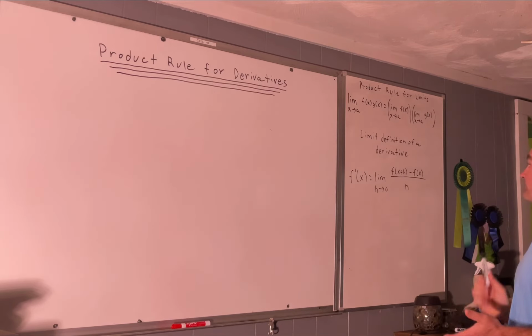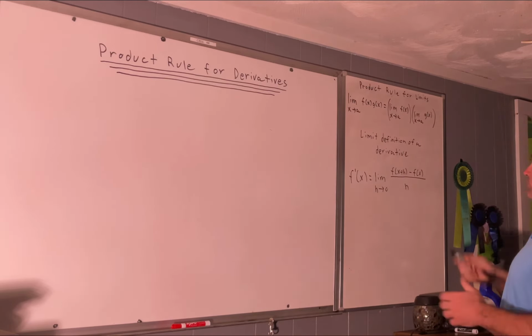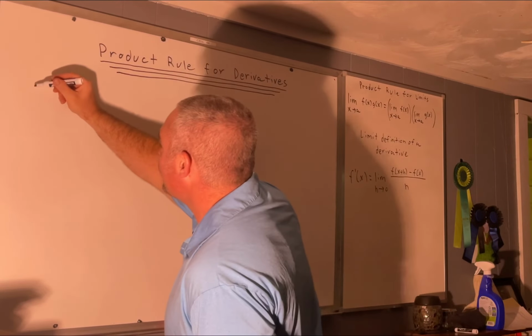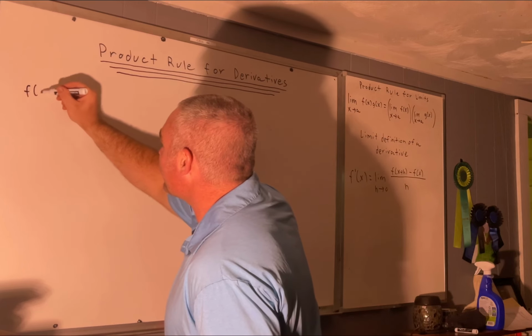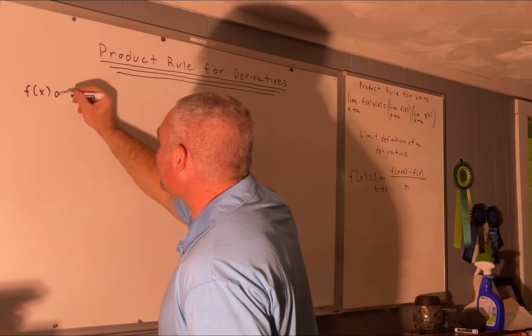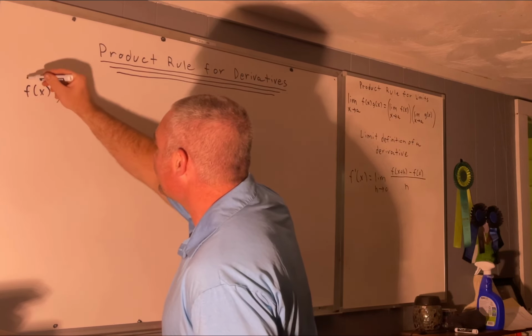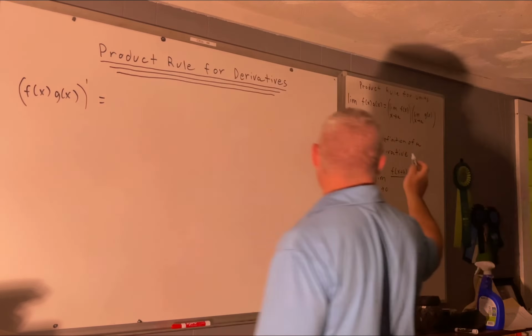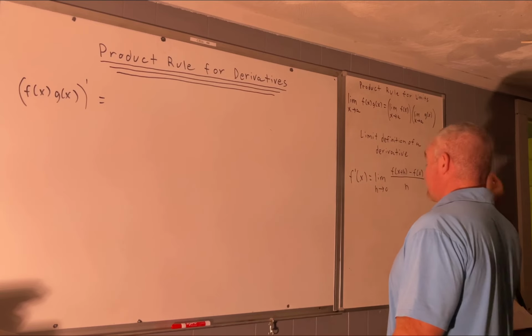Okay, so to show this, what we need to do is we're literally going to plug in f of x times g of x into our limit definition of a derivative. So f of x times g of x prime is equal to, well, let's plug it into our limit definition of a derivative.